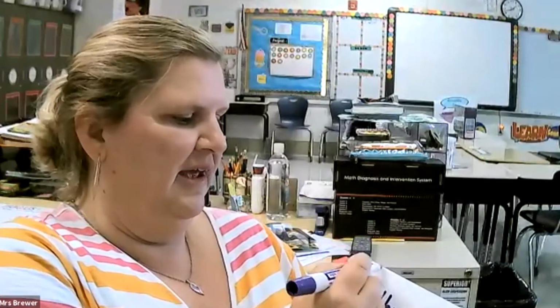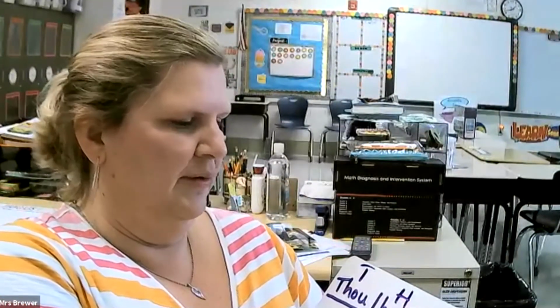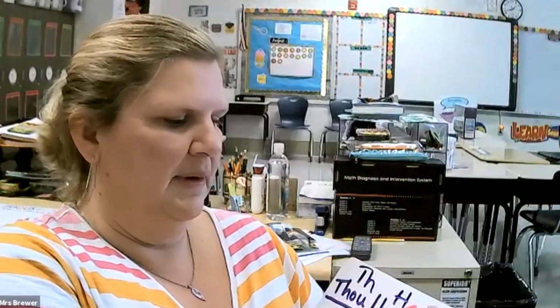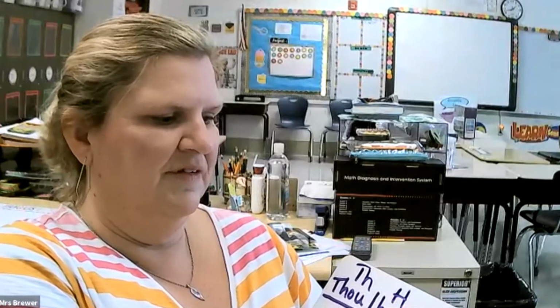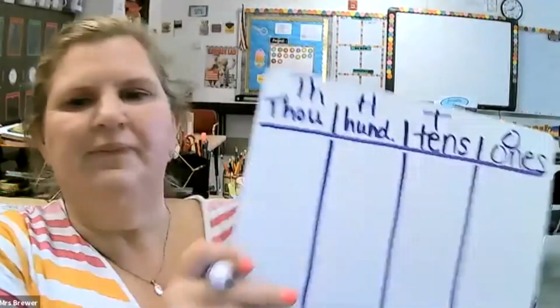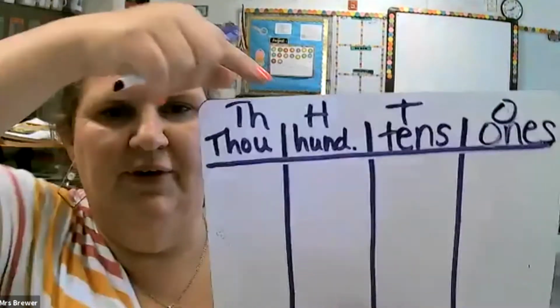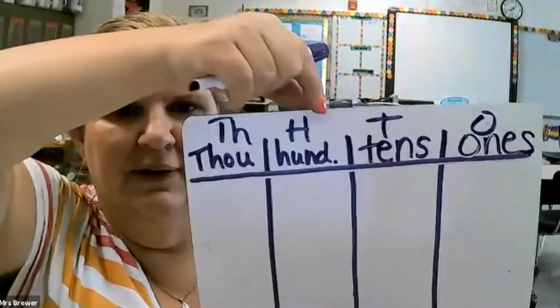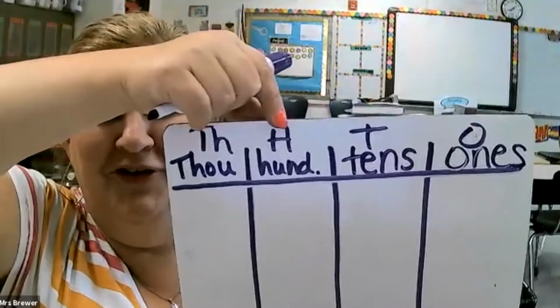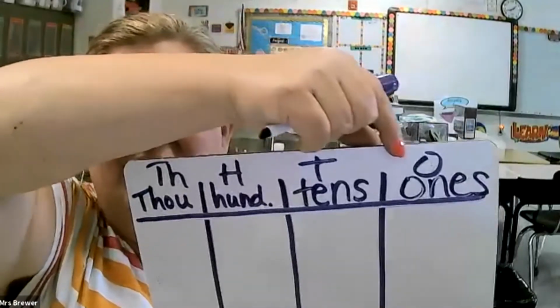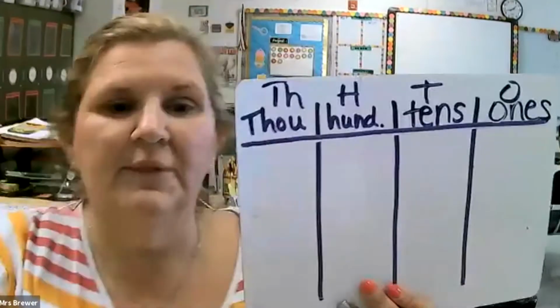They can just write the abbreviations above. So now you have your thousands, your hundreds, your tens, and then finally your ones.